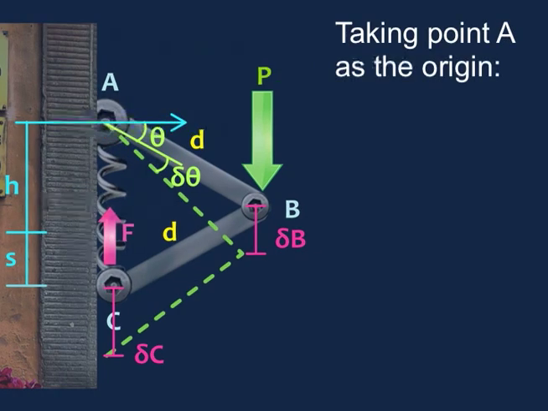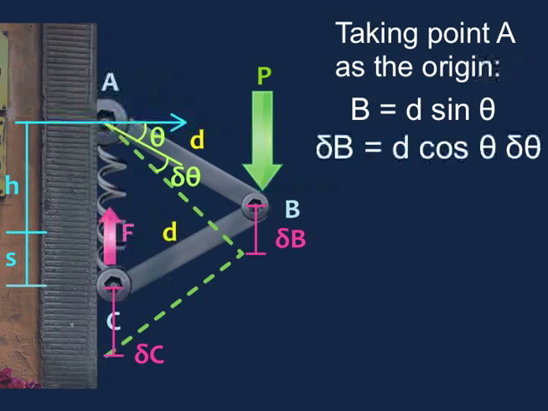So we have that the location of B is equal to D times the sine of theta. Then, a very small virtual displacement, delta B, will be equal to the first derivative of B with respect to theta. Namely, delta B equals D times cosine of theta times delta theta.